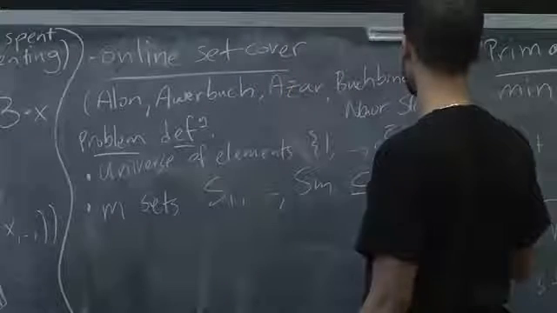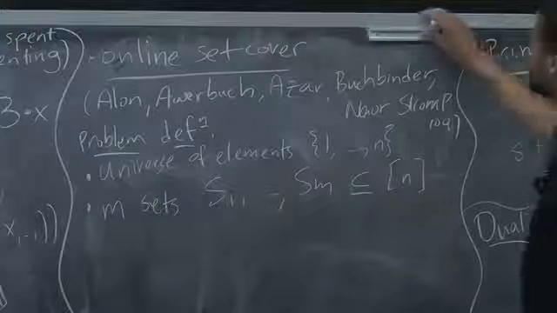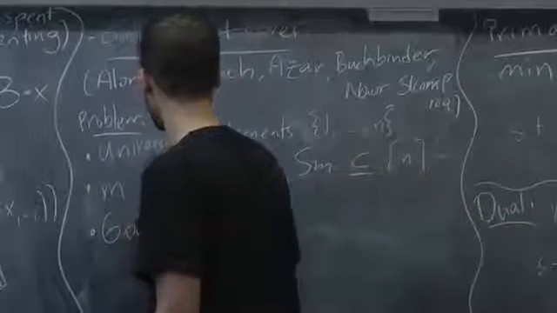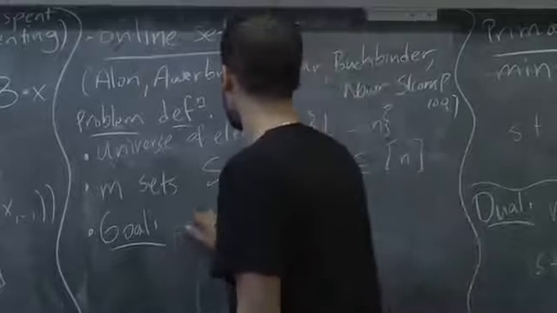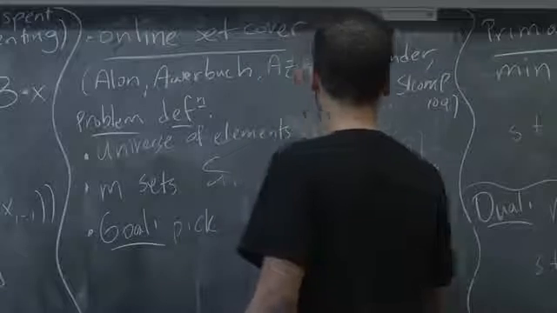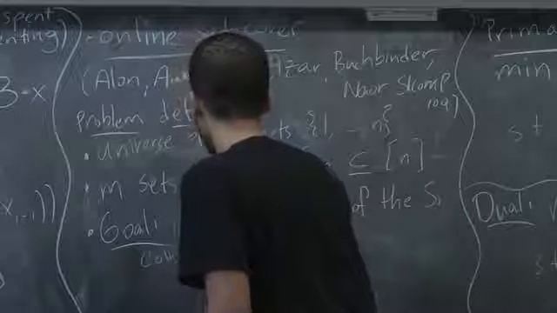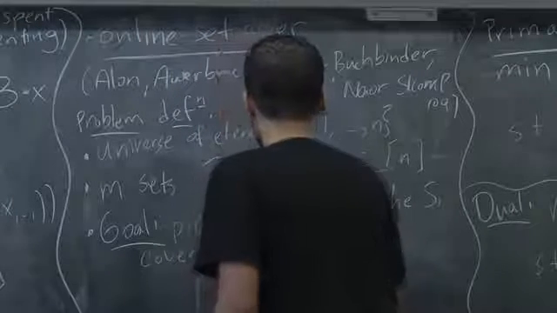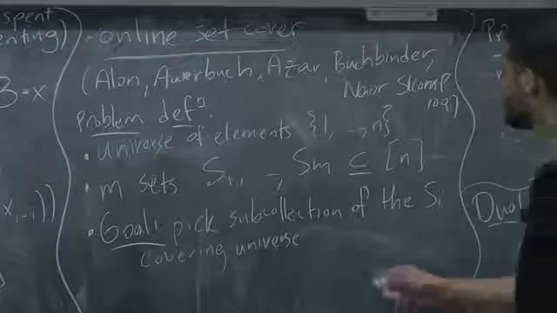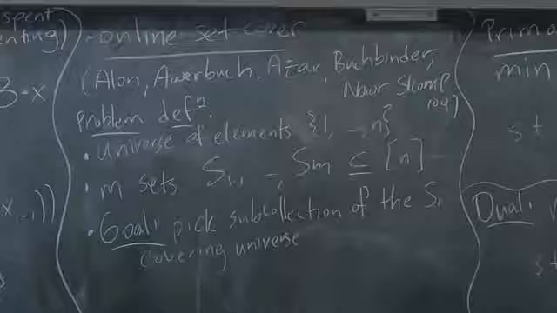Each one is a subset of the universe. And our goal is to pick a subcollection of the Si covering the universe. Their union should cover the universe. So, any questions about the problem definition?